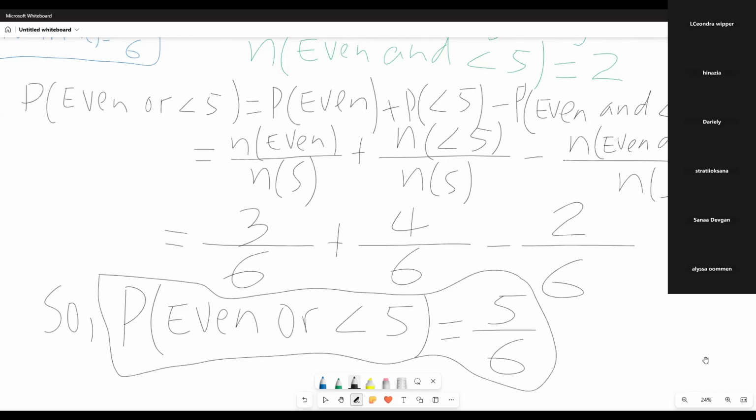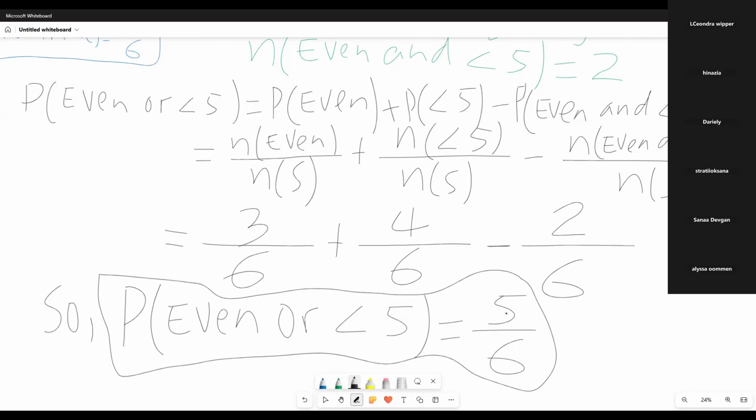You see over here? 3 plus 4 is what? 3 plus 4 is 7, right? Yes. 7/6 will give you a number that is greater than 1. As you know, the probability cannot be greater than 1. That's why here you need to remove, that's why I put the minus sign here.